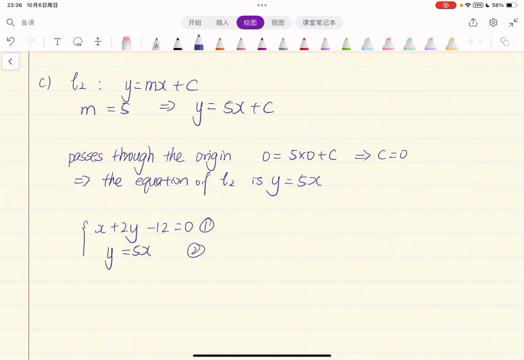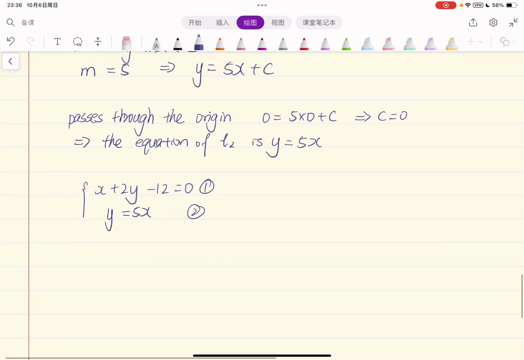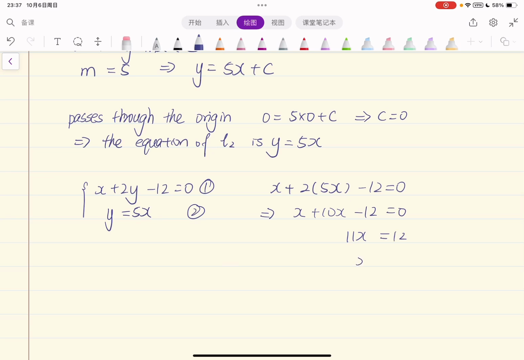So we can substitute y = 5x into equation 1. We get x + 2 times 5x - 12 = 0, which implies x + 10x - 12 = 0. So 11x = 12, and we have x = 12/11.